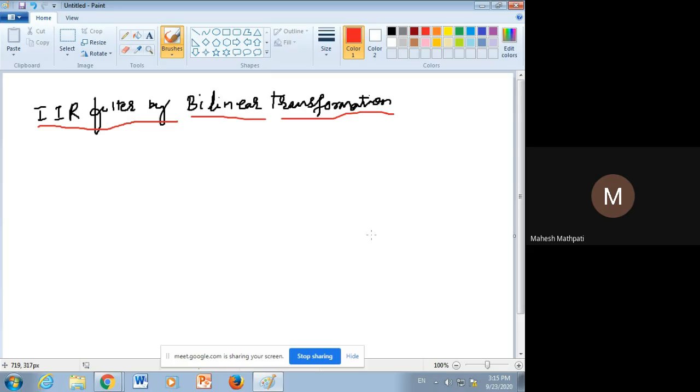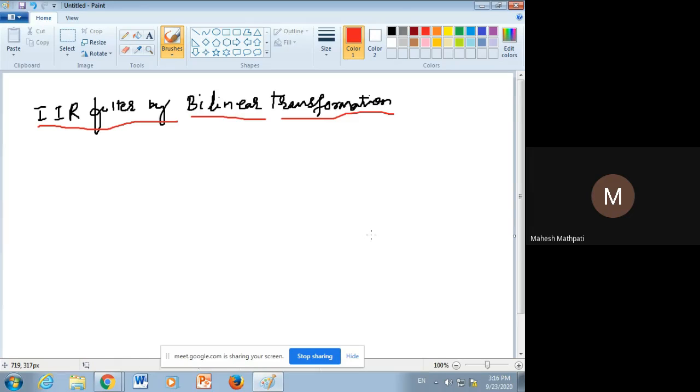Hence, to design higher frequency filters using impulse invariance, the sampling frequency should be high, full stop.